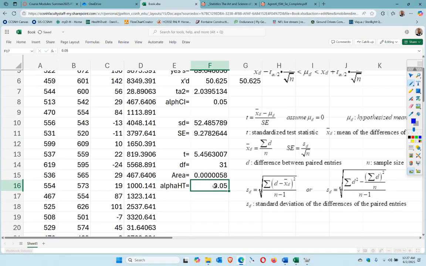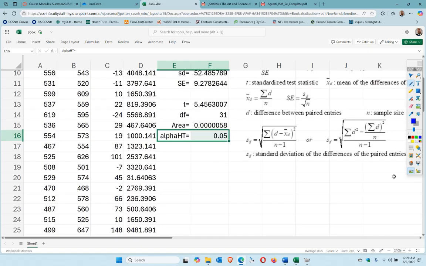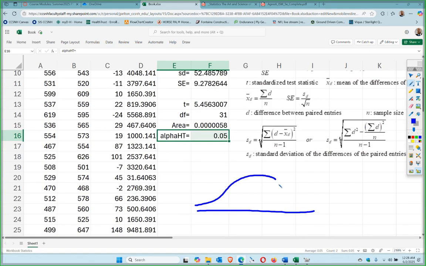You're like, well, they always should be the same, right? Well, no. That's if they're both two-tailed. This was a two-tailed because with confidence intervals we only do two-tailed ones, and this is a two-tailed, so it matches. If this was a one-tailed, it would have to be half that because it would only be one end of the curve. But this is a not equal to, so it's a two-tailed, so it's actually the same.